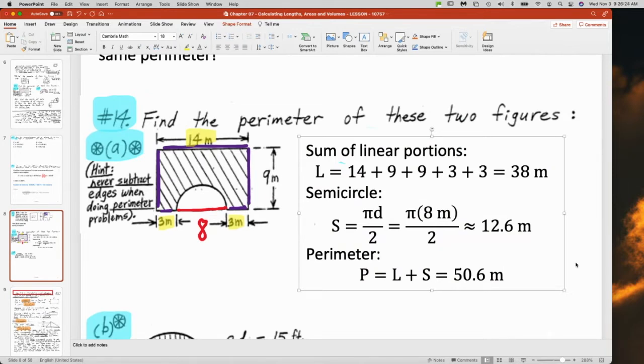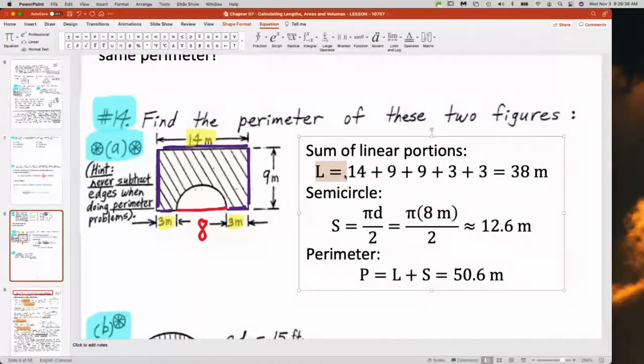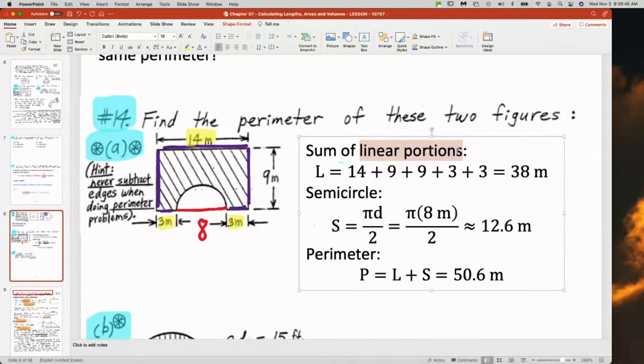Let's take a look at one last question involving a portion of a circle. What's the weight? Norris, talk to me. I just made those up. You don't have to say that at all, okay? This L and S, I'm just giving these names. I don't care if you give those names. Like linear portion, I just like using the letter L because it's the word linear.